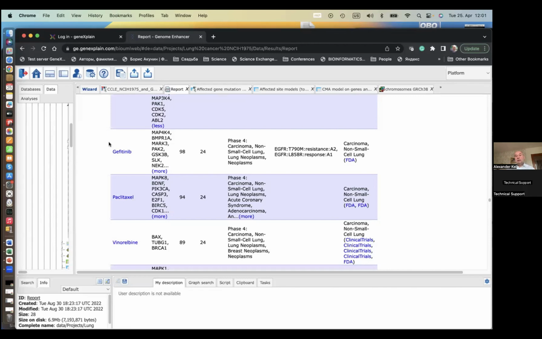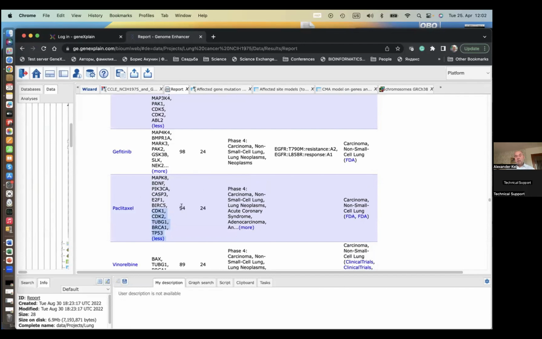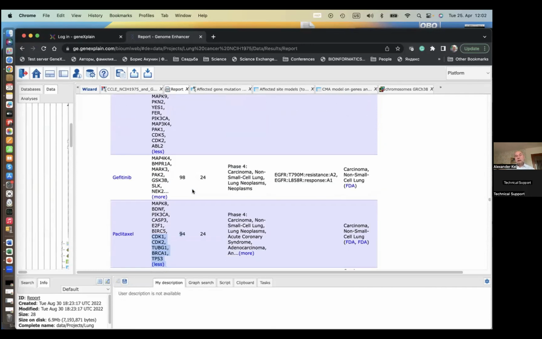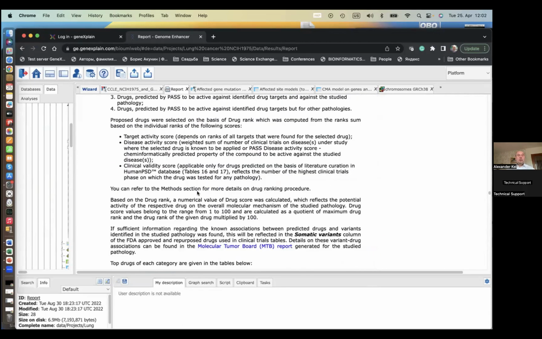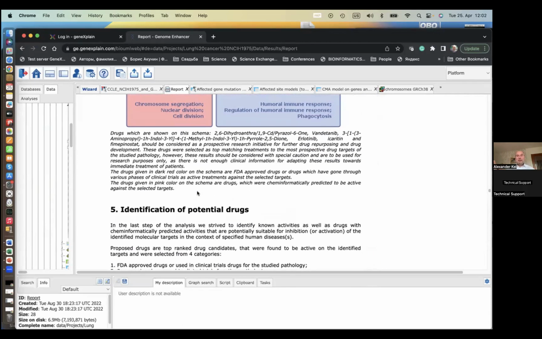We predicted that the targets for paclitaxel can be predicted here as master regulators, and many of them, and in total the score of these targets altogether for that drug is very high, and that's why in this ranking this drug was ranked high. Okay, so that's a bit deviated from the initial story about transcription factors and binding sites, but I think it's important just to tell you which direction we are going.